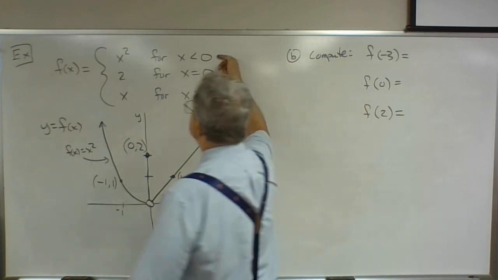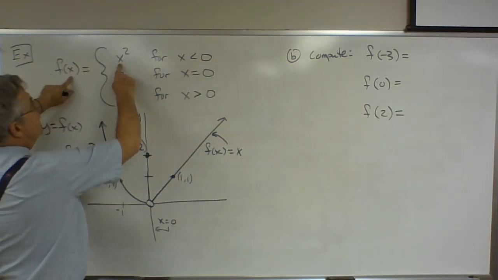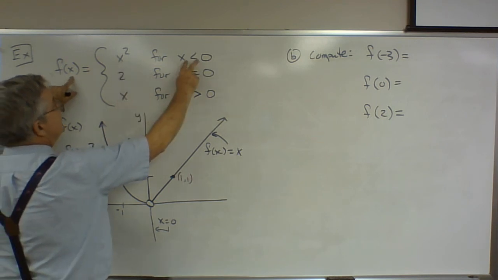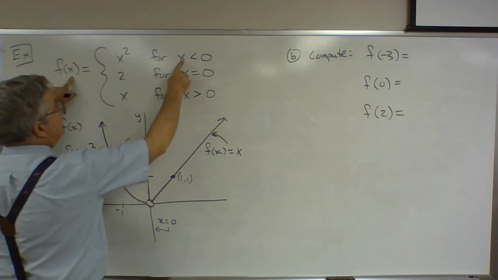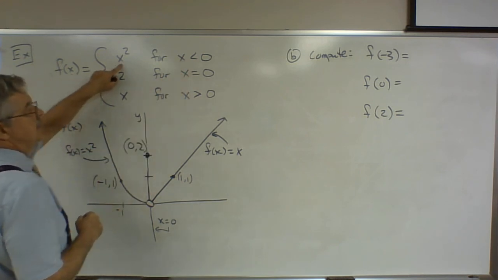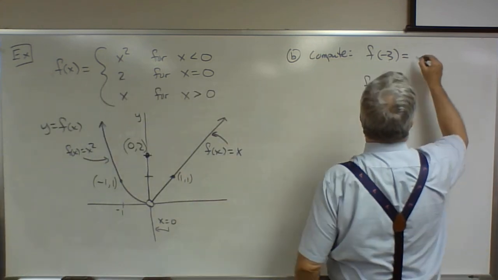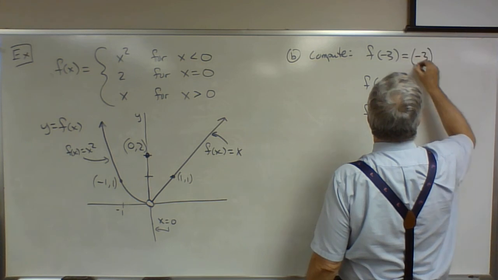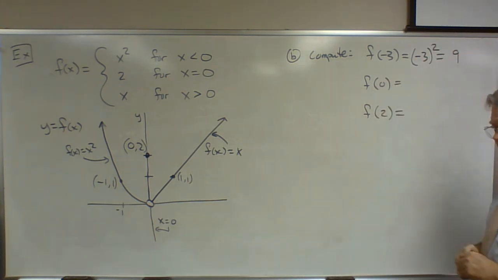So this is the rule or the definition of f of x that we're going to use. The definition that corresponds to x less than 0. And it says if x is less than 0, then f of x equals x squared. So f evaluated at -3 is going to equal (-3) squared, or 9.